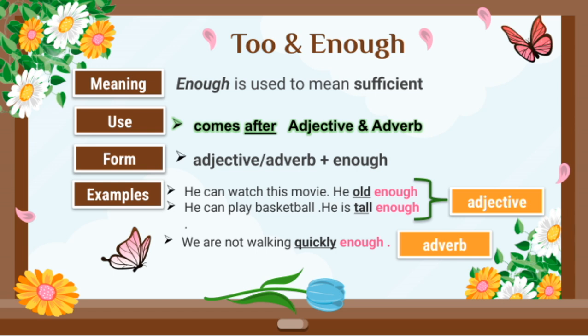For example, he is tall enough means he is sufficiently tall, whereas he is too tall would imply he's excessively tall. So, in summary, when we want to express that something is adequate or meets a requirement, we use enough after adjectives and adverbs. This helps us clearly communicate whether the condition is met or not.